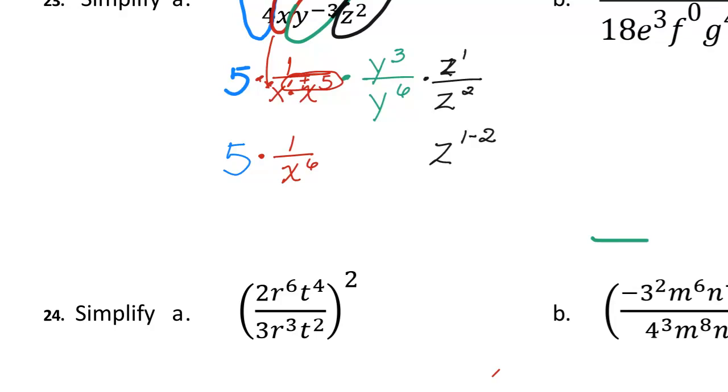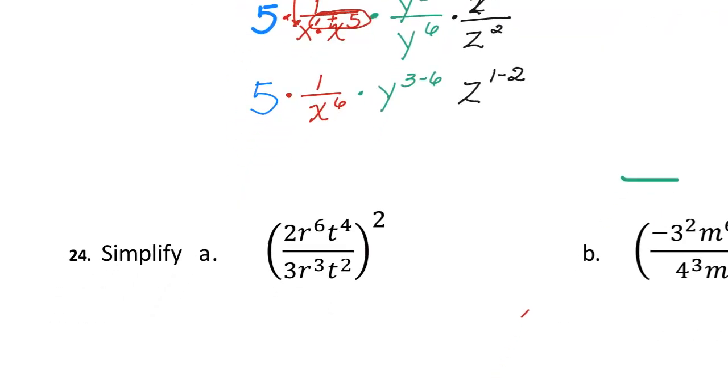Here you have y to the third divided by y to the 6th. So that is y to the 3 minus 6. There's 5 times 1 over x to the 6th. What is 3 minus 6? Negative 3. So I'm going to have to move him down.